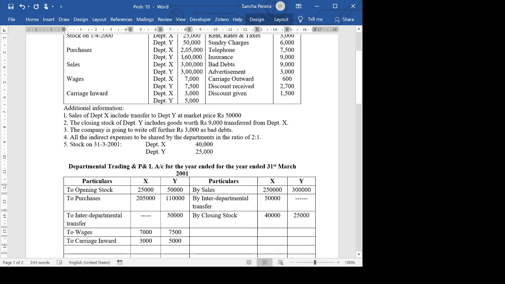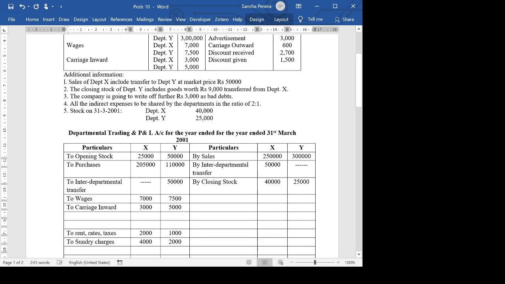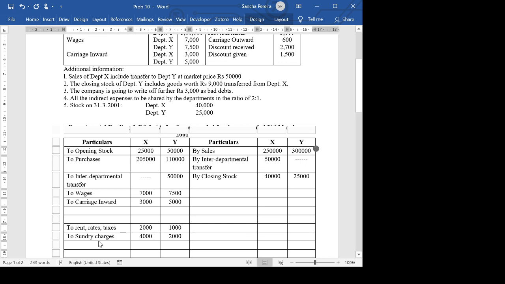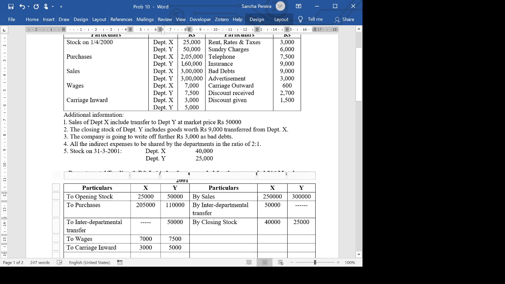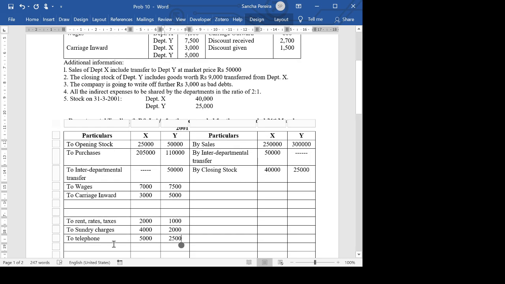Then there is telephone 7,500, which will be 5,000 and 2,500. Then there is insurance 9,000. 9,000 will be 6,000 and 3,000.